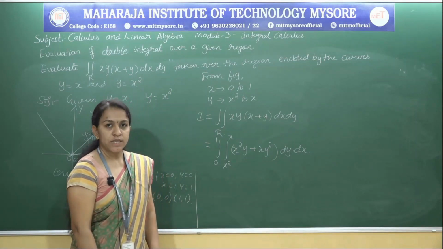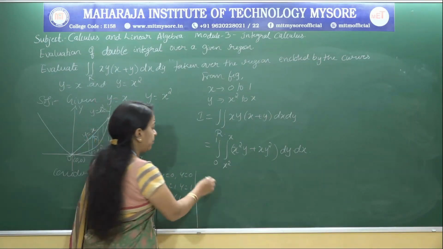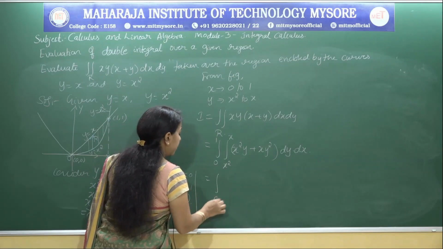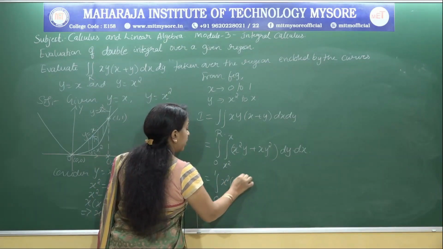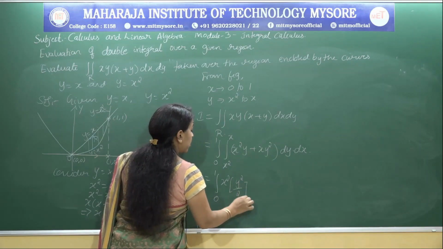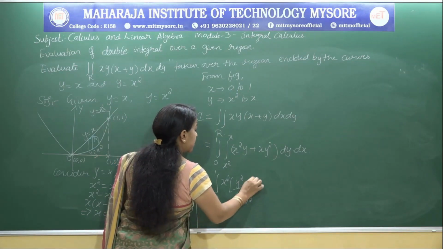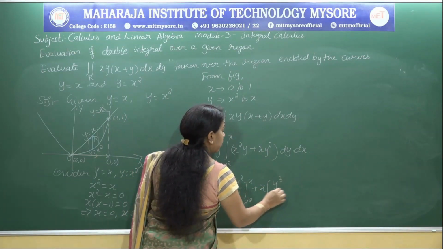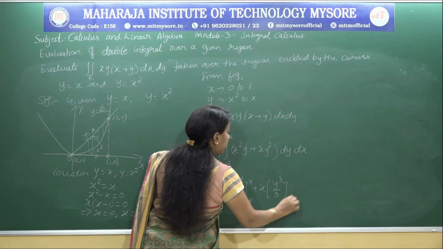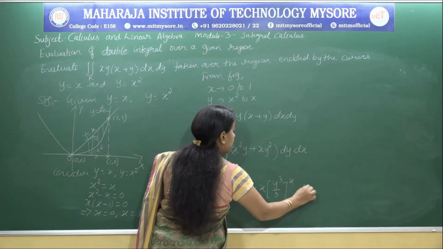Now keeping x constant, integrate with respect to y. That is, I is the integral from 0 to 1 of x square constant, the integral of y is y square by 2 between the limits x square to x, plus x constant, the integral of y square is y cube by 3 between the limits x square to x, dx.